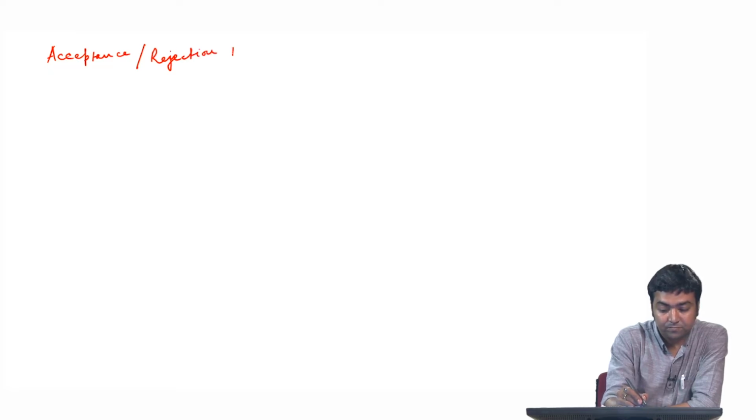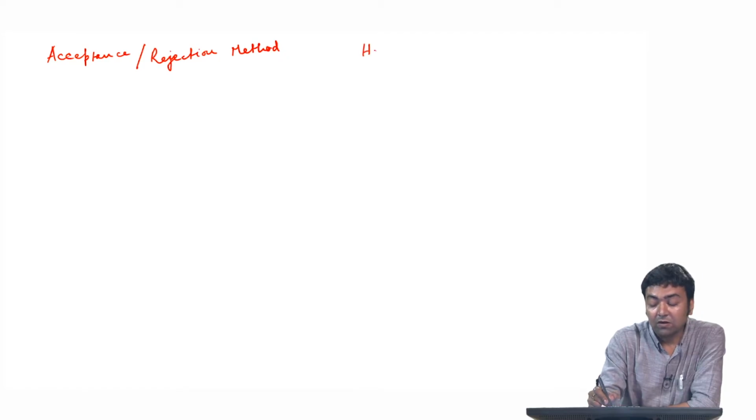So, one such method which helps in improving the sampling is called the acceptance rejection method. It is also called the hit or miss method.